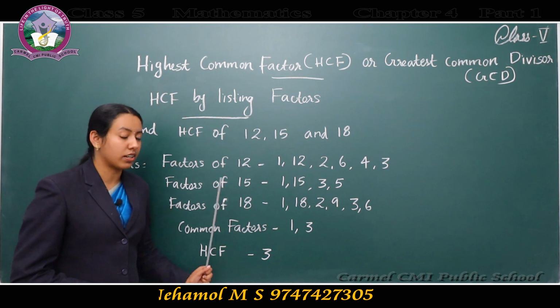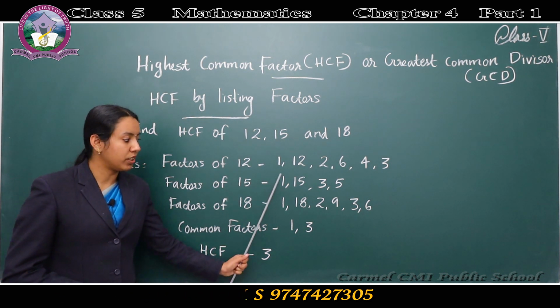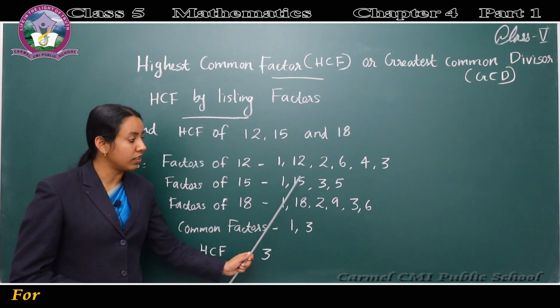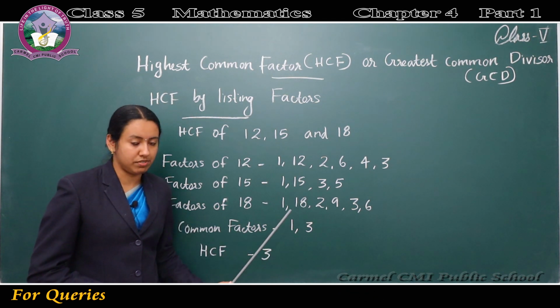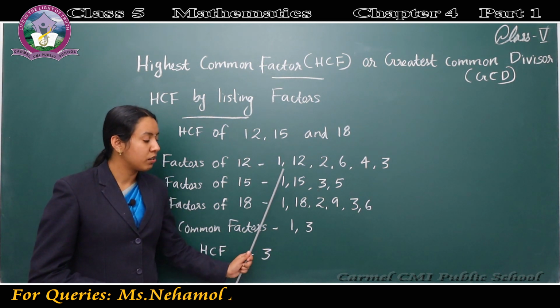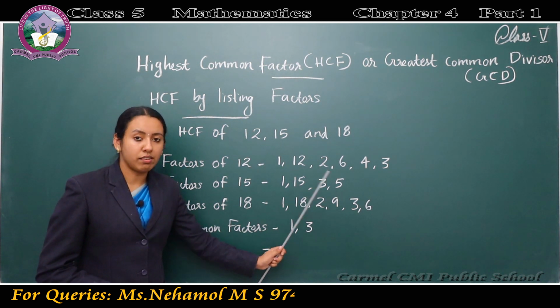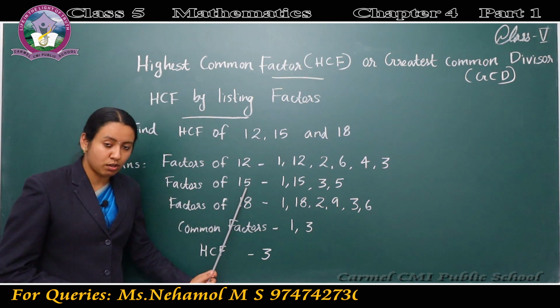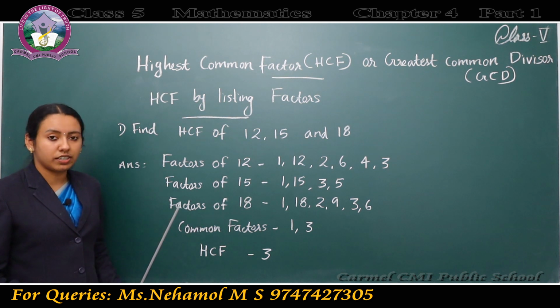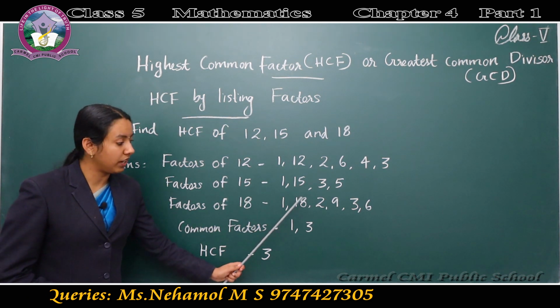Then which are the factors of 15? 1 times 15 is 15. So 1 is a factor, 15 is a factor. Also 3 times 5 is 15. So 3 is a factor, 5 is a factor. 1, 15, 3 and 5 are the factors of 15. Next number 18. Which are the factors of 18? 1 times 18 is 18.